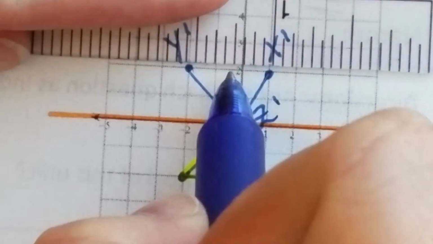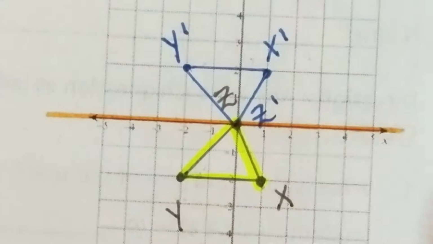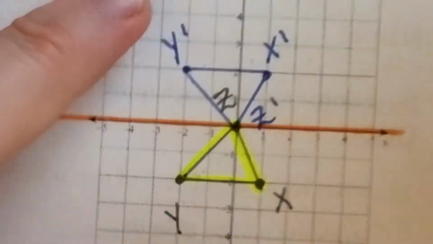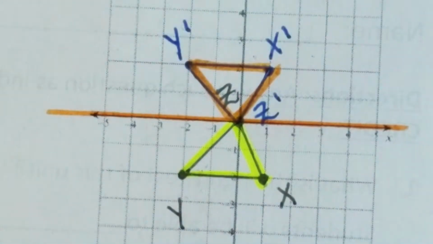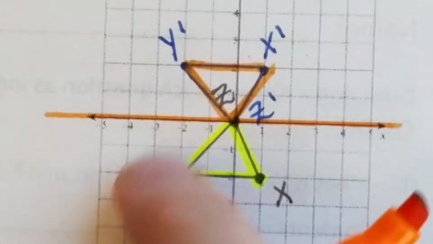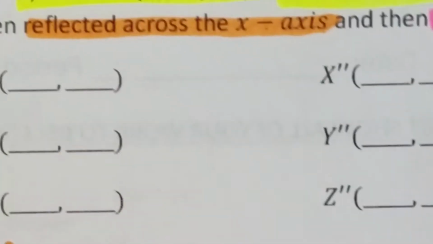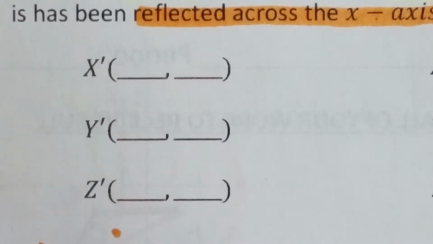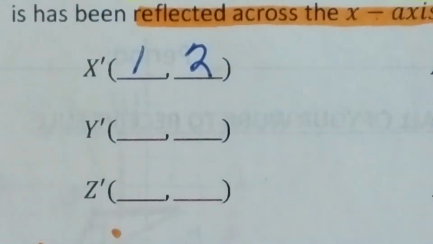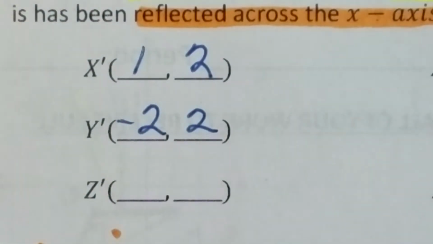So we have our triangle, and I'm going to go ahead and highlight that, and we will write our coordinates. So that has been mirrored over the x-axis. So if we write our coordinates here, X prime is located at 1, 2, Y prime is located at -2, 2, and Z did not move, so Z is still at the origin, right?